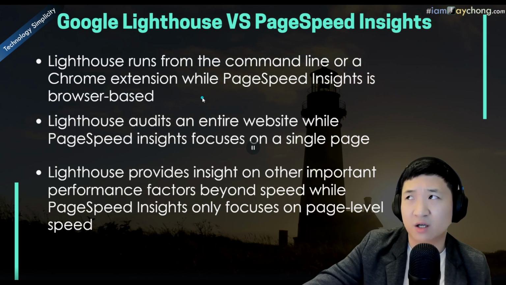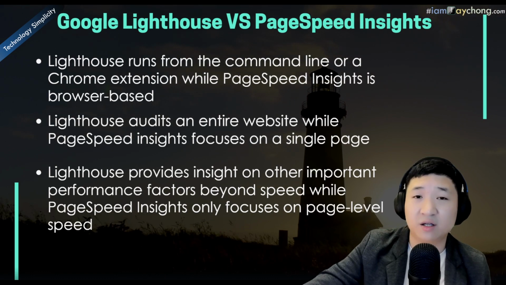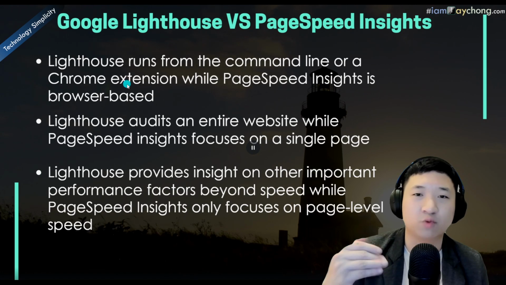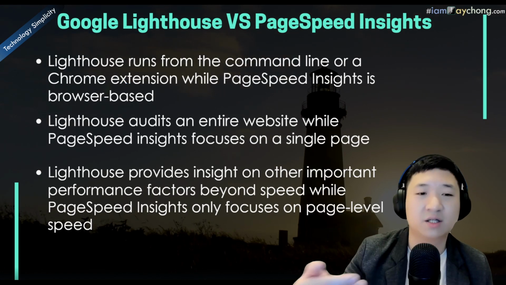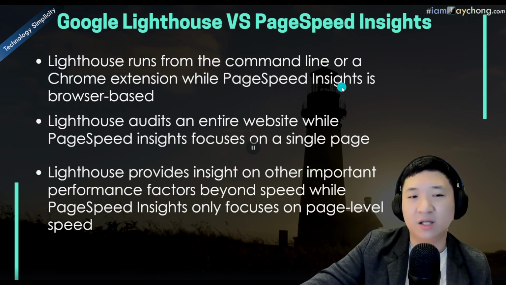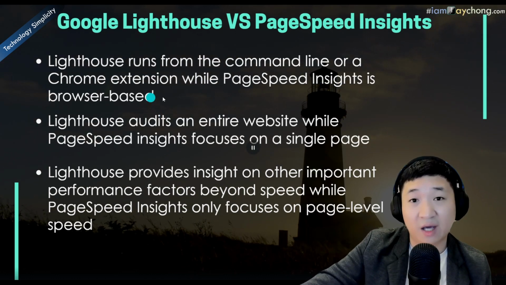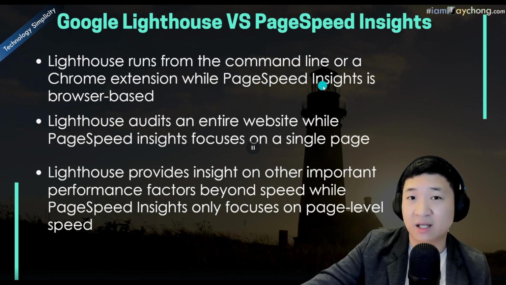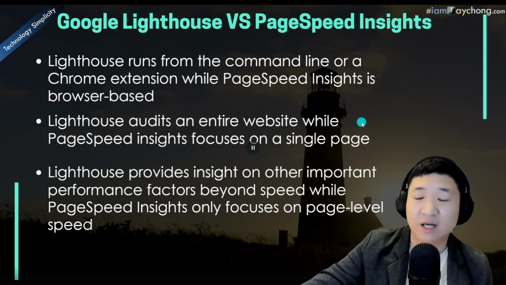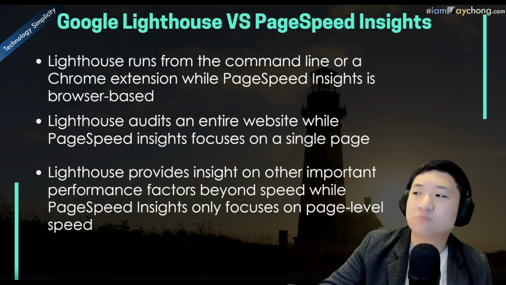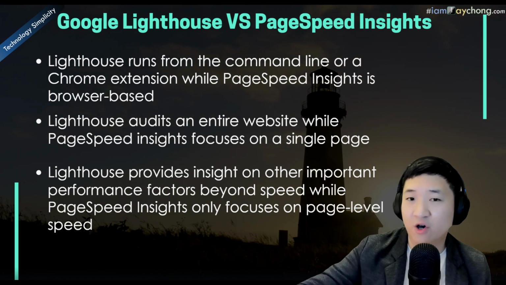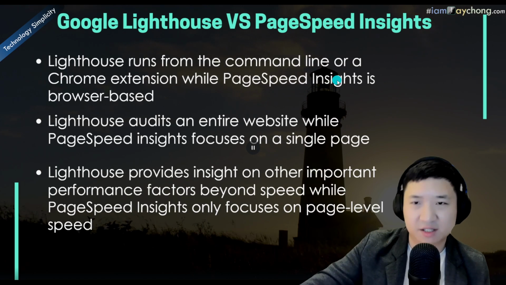Some of you may think, I thought Google Lighthouse is built into Chrome. Yes, it's actually a Chrome extension; it's just that right now it's built into Chrome itself. It's still an extension. PageSpeed Insights is browser based, which means you can run it through other browsers like Microsoft Edge, Opera, Firefox. Okay, now you're clear.